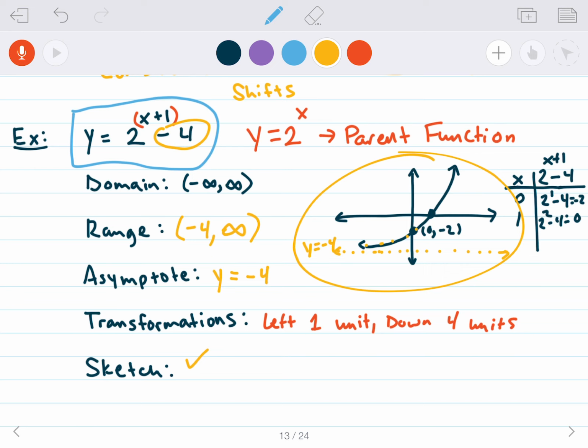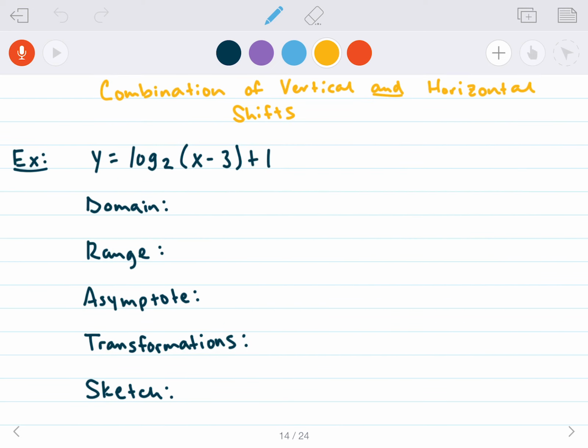All right. Let's do another example. This time we have a logarithmic function. So let's talk about the transformations first. What's our boring parent function? Well, our boring parent function doesn't have any shifts in the argument, and it doesn't have any shifts after the function. So the parent is simply y equals log base 2 of x.